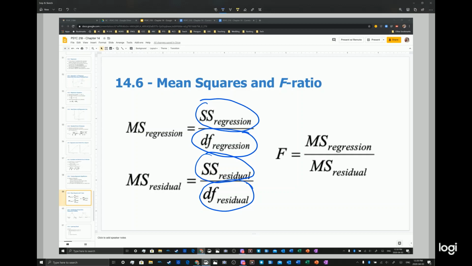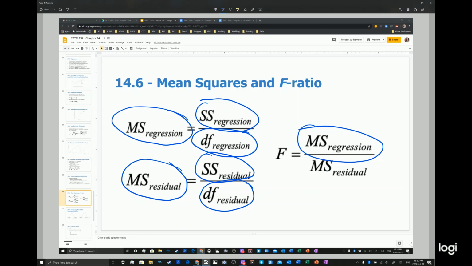Once we've done so, we can divide your sum of squares regression by your degrees of freedom regression to get mean squares regression, the numerator of our F ratio to analyze regression. We also get your mean squares residual, from our sum of squares residual divided by our degrees of freedom residual, our denominator.